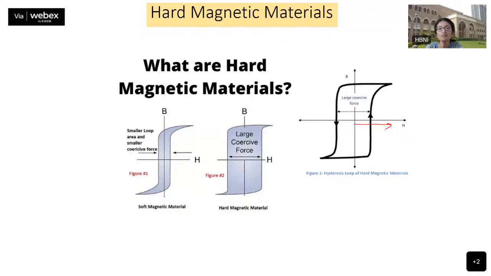If this coercive field is very large, then we say that what we have is a hard magnetic material. Oppositely, if you have a coercive field which is relatively much less, you have a smaller loop area, a smaller coercive force, and we say what we have is a soft magnetic material. So there are distinct applications of hard magnetic materials as well as soft magnetic materials, and this is what we are going to discuss.